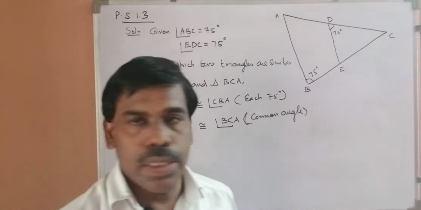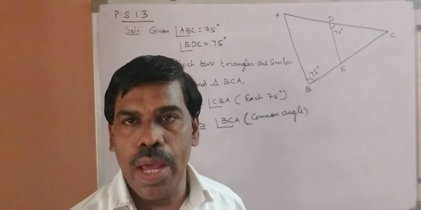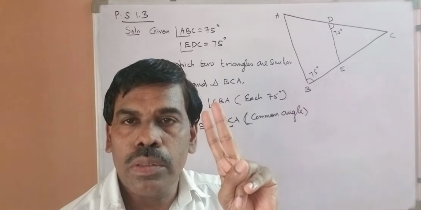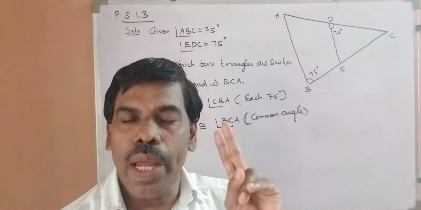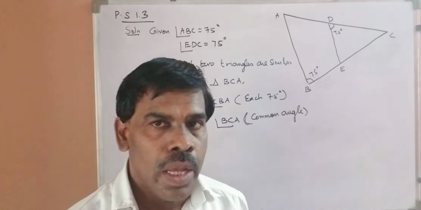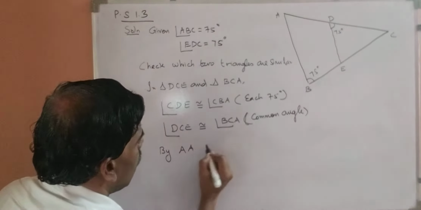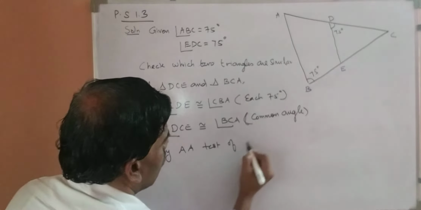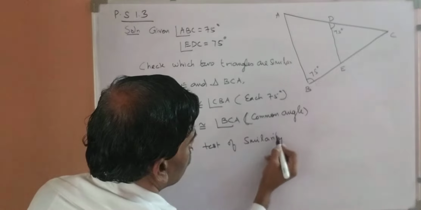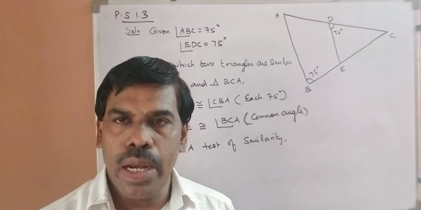Now look at this. We have taken this triangle, the smaller one and the bigger one. In these two triangles, if you see, two angles are congruent to two angles of the second triangle. That means by AA test of similarity, what is the meaning of AA test of similarity?